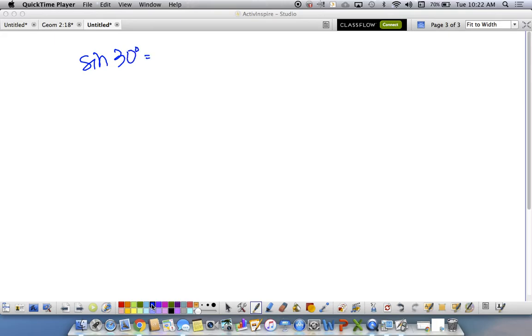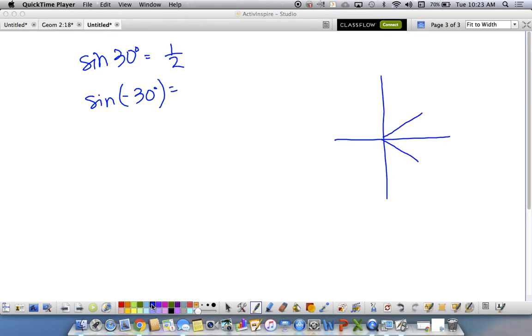I just have the triangles up here. What is it? 1/2. But what is sine negative 30? Negative. Why? Because it's in the fourth quadrant. So it'll be negative of whatever sine 30 is. Does that make sense?